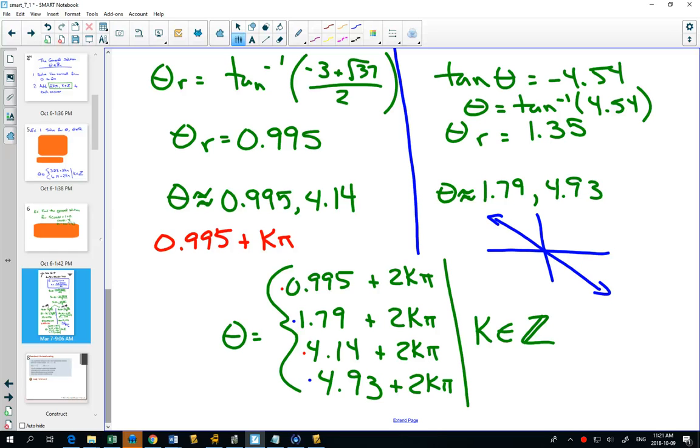Can you see this is really close to 1 if I round? And if I round pi really close to 3.14, 1 plus 3.14 should get you really close to 4.14. And I could have combined these blue ones by doing 1.79 plus k pi. And I would only need to write them once. But you're not deducted for writing extra answers down.